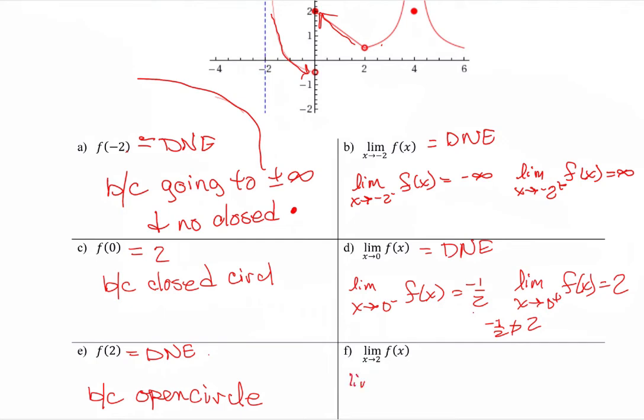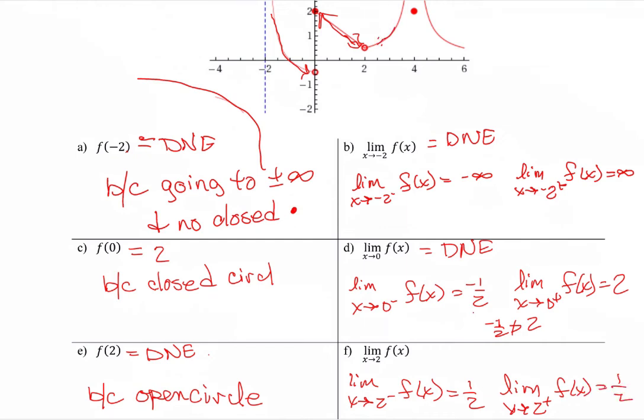If I look at the limit as x goes to 2 from the left of f of x, it goes down to a half. And if I look at the limit as x goes to 2 from the right of f of x, this goes to a half.